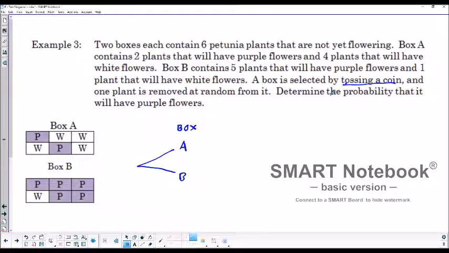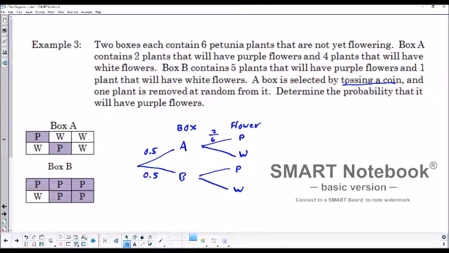And if we're flipping a coin, we've got a 50% chance that it'll be heads, and therefore box A will be chosen, or 50% that box B is chosen if a tail turns up. And then we look at the flower. So we're pulling out a plant, and it could be purple or white, whether it's from box A or box B. And from box A, purple is 2 out of 6.